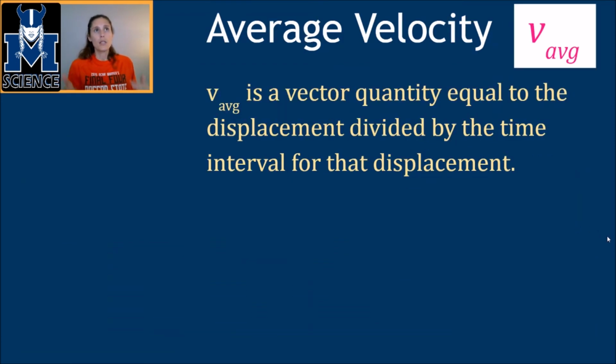It's important to distinguish between displacement and distance traveled, because that is the difference between average velocity and average speed. One is a vector quantity, one is not. One uses displacement, the other one uses distance. So average velocity is equal to the displacement divided by the time interval.